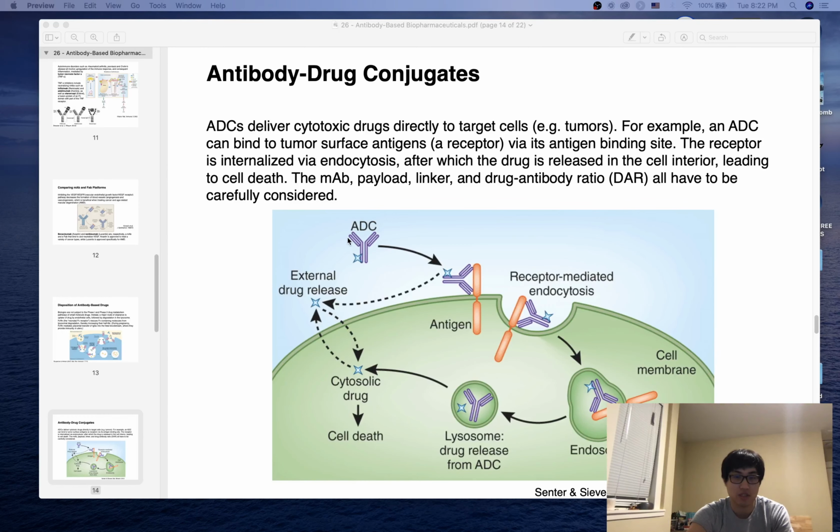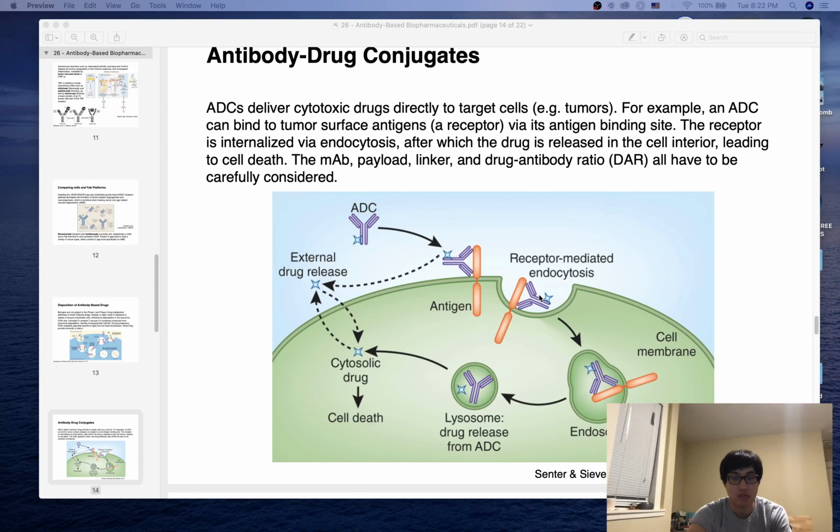The drug is conjugated to the antibody, so it will be sent to the specific destination where the antibody can recognize receptors on the cell membrane. There should definitely be some receptors specific to different types of cells or different tissues. Then with this antibody, you can deliver the drug there.